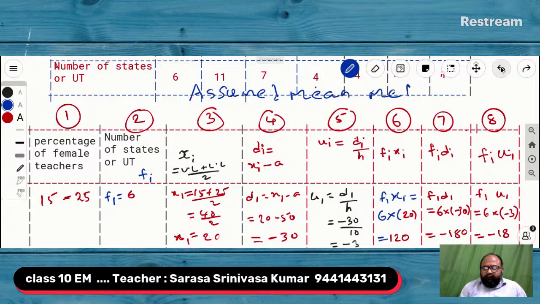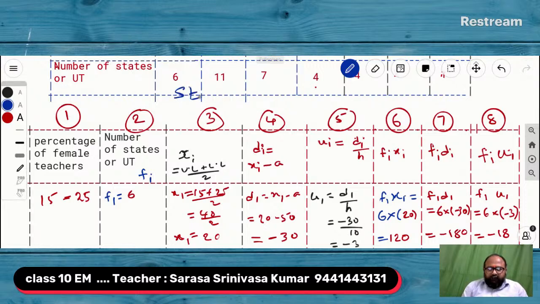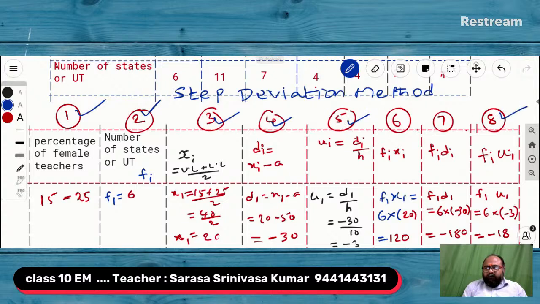Now, if you want to find the arithmetic mean by the step deviation method, then columns 1, 2, 3, 4, 5 and 8 are required. Columns 6 and 7 are not required for the step deviation method.